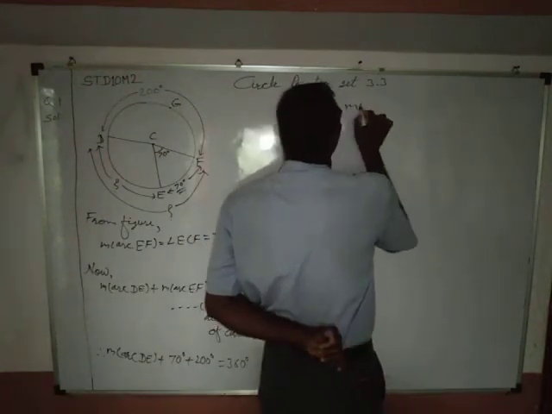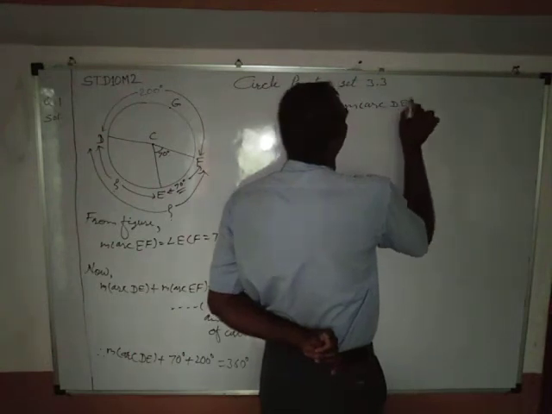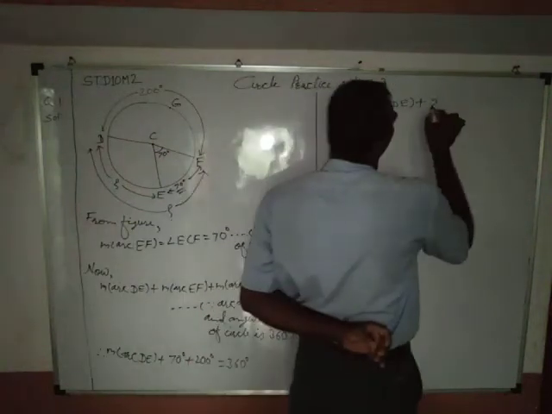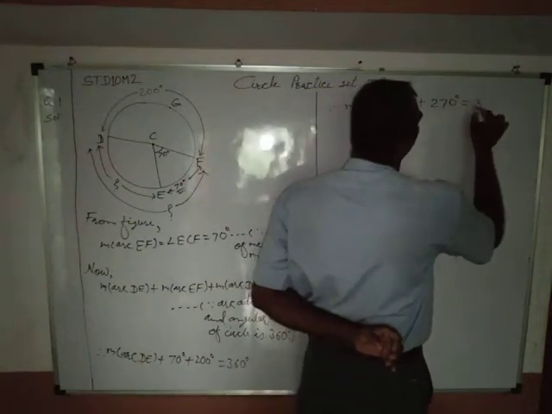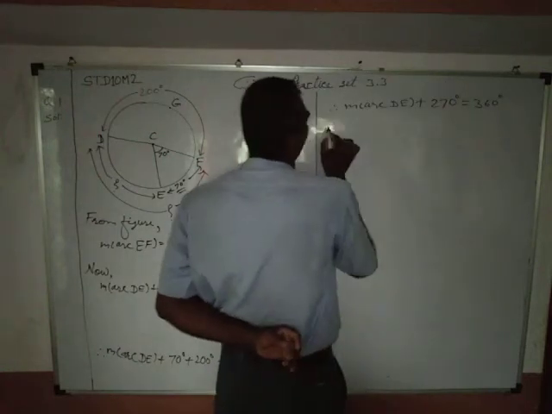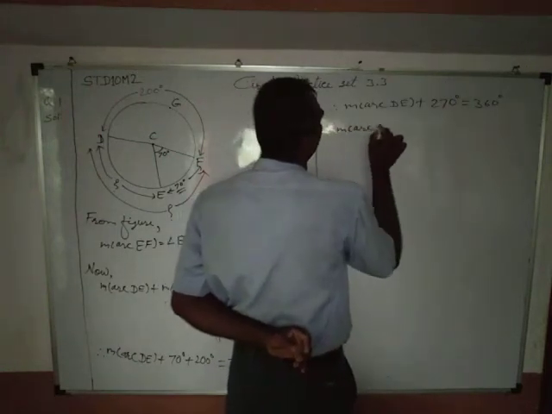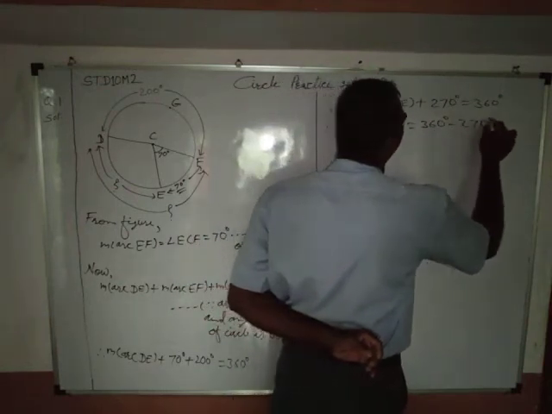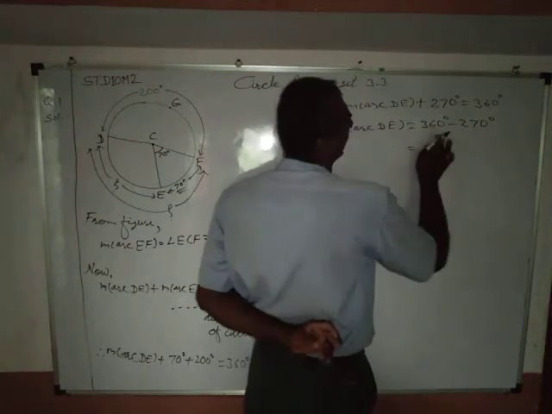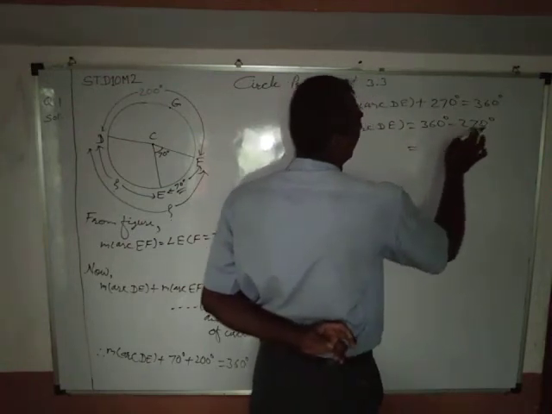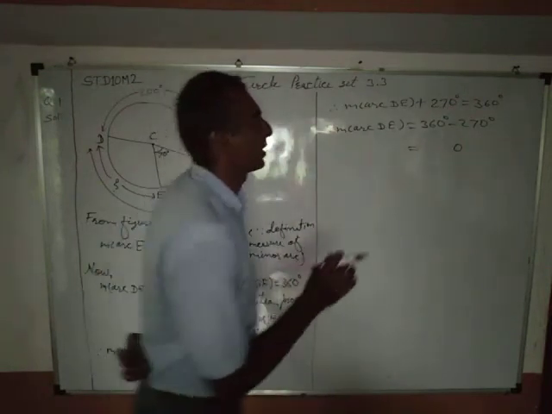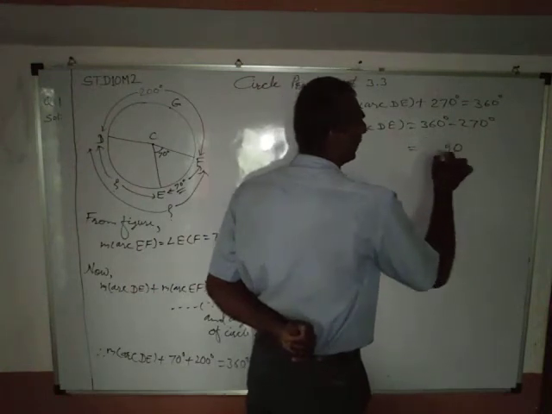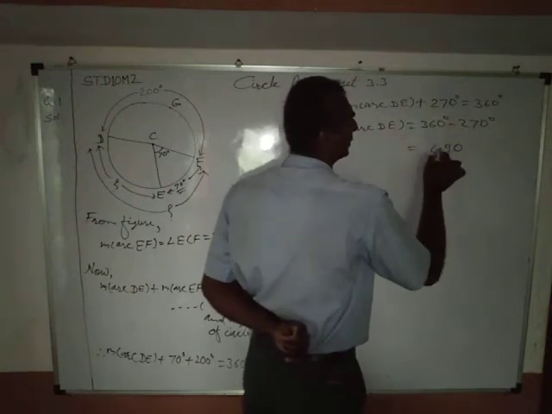Therefore measure of arc DE plus 70 degrees plus 200 degrees gives us 270 degrees, that equals 360 degrees, and therefore measure of arc DE equals 360 degrees minus 270 degrees. 7 cannot be subtracted from 6, that's why by taking a carry from 3 we get 16 minus 7, which gives us 9, and 2 minus 2 gives us 0.